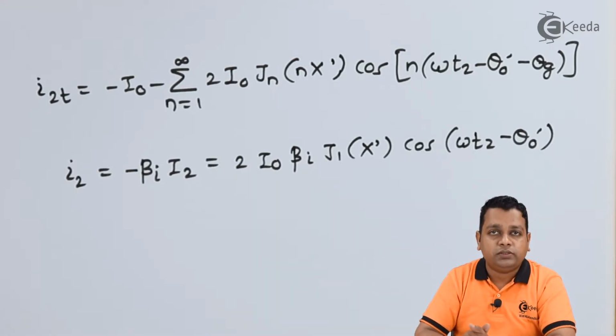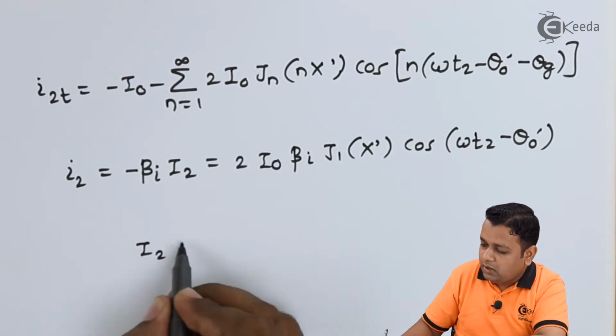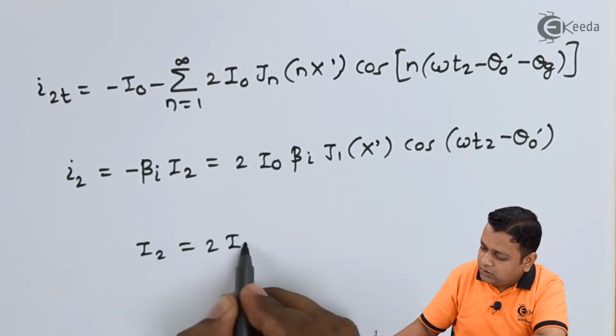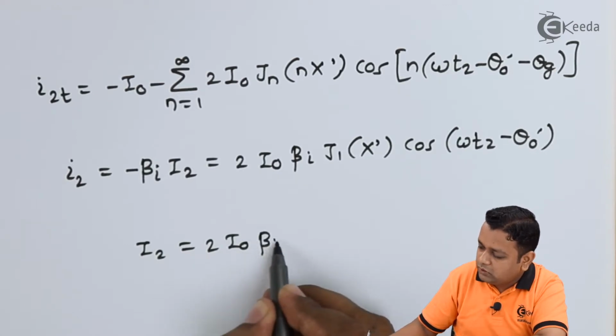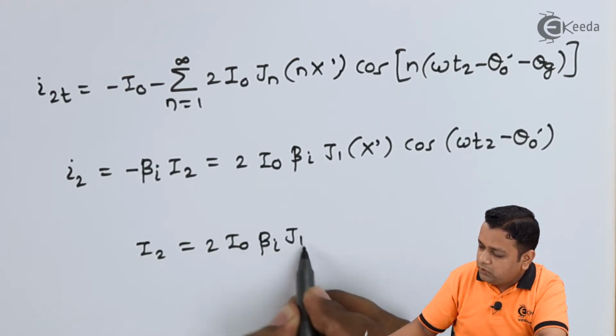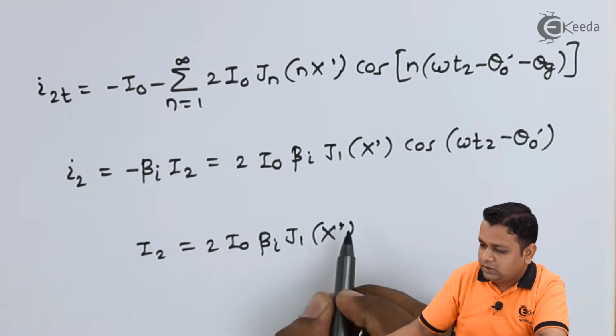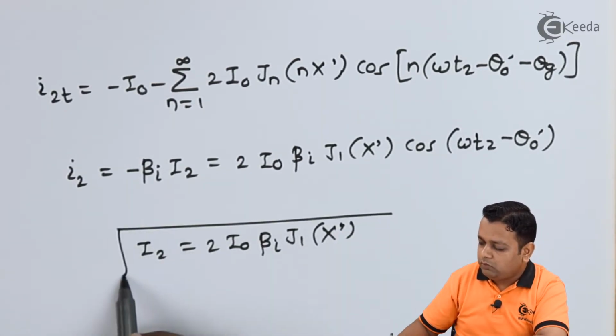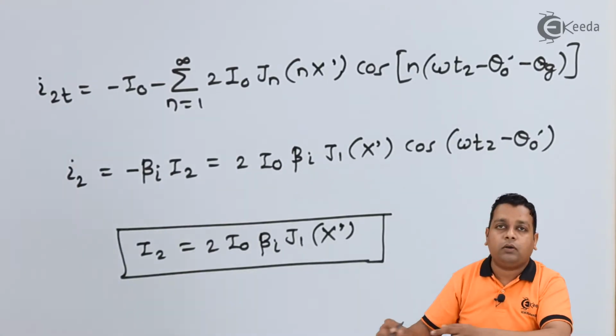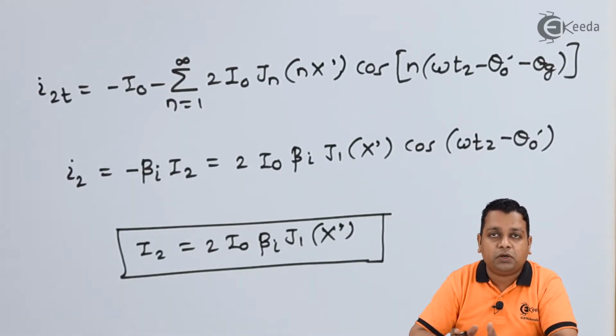In this equation, theta g, the transit angle for the gap spacing, is neglected as compared to theta 0. Now the magnitude of the fundamental current component can be denoted simply as capital I2 equal to twice capital I0 in multiplication to beta suffix I into J1 of x dash. So I outline this particular formula. This formula will be helpful for solving the numericals with respect to the fundamental current component.